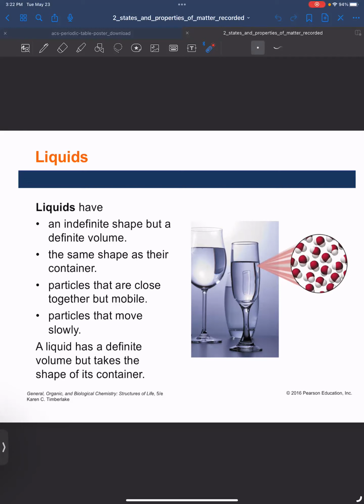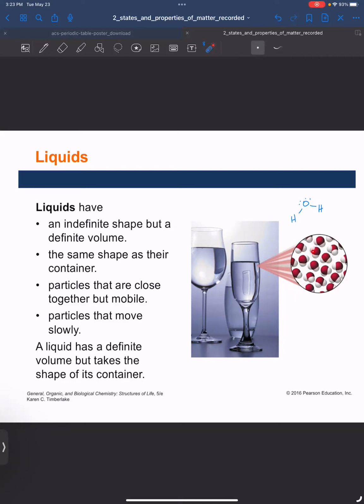The particles are close together, but they move around a little bit more. This is an example of a space filling model of water. So it represents a water molecule, and water is H2O. When we look at space filling models in chemistry, oxygens are typically represented in red, hydrogens are white, carbons will be black.